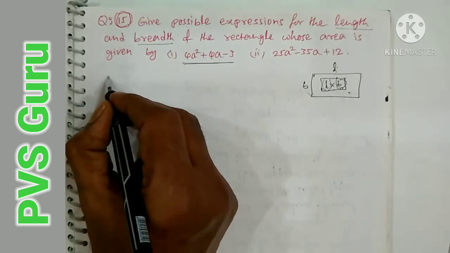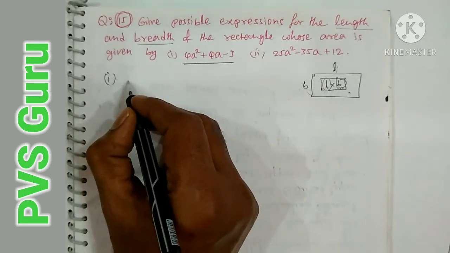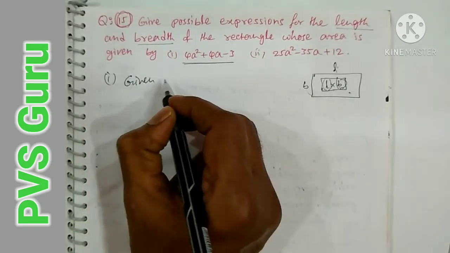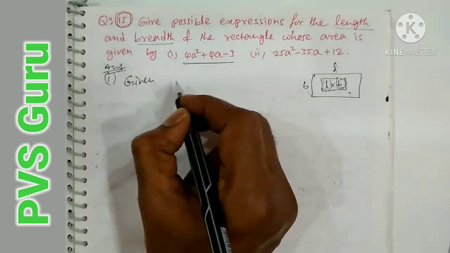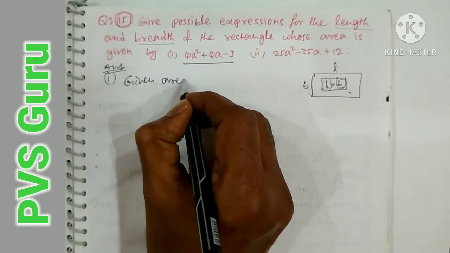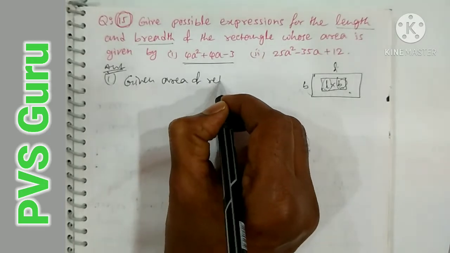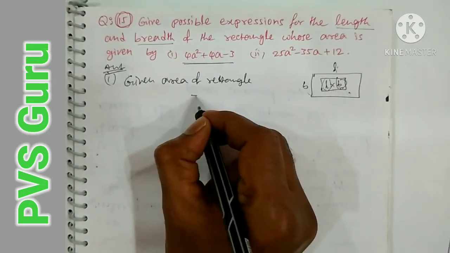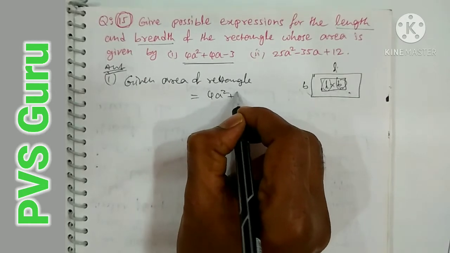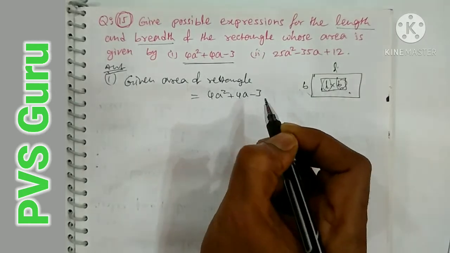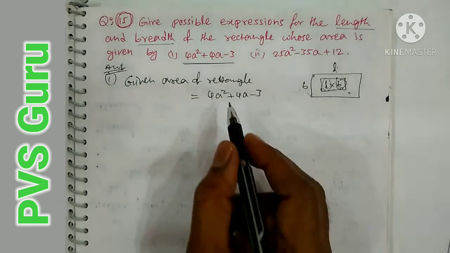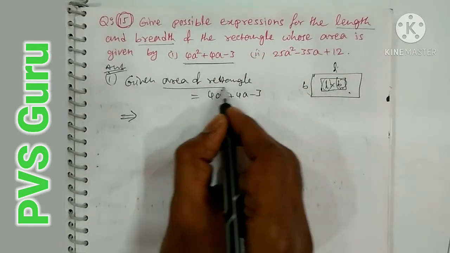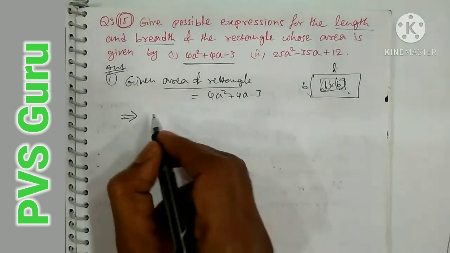That is the first question given. First question answer: given area of rectangle is equal to 4a square plus 4a minus 3. The area of the rectangle formula, I told you, is length into breadth.